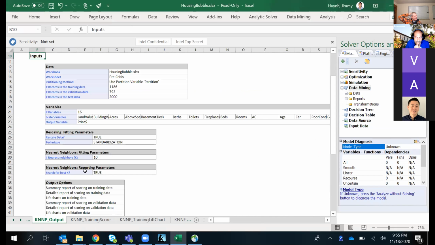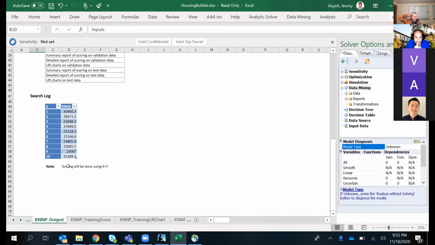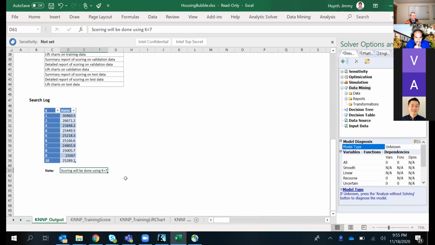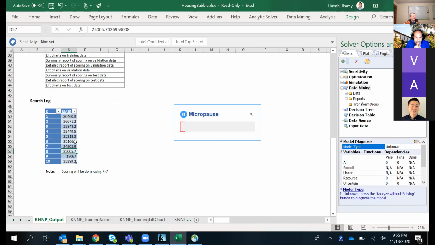So that was K=7. And the RMSE is right there: 24805.9. That is the lowest one. So the value of RMSE, and the value of K that minimizes it, is 7.